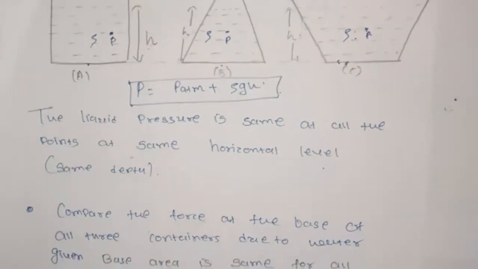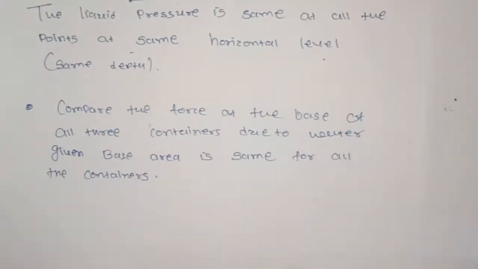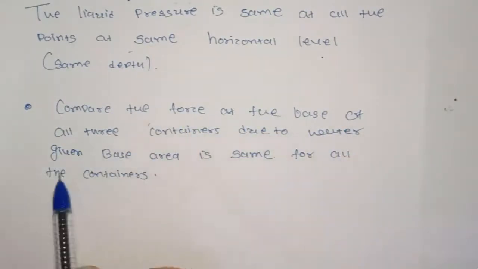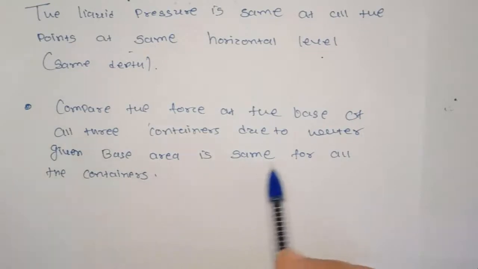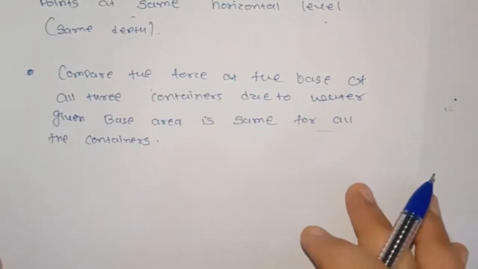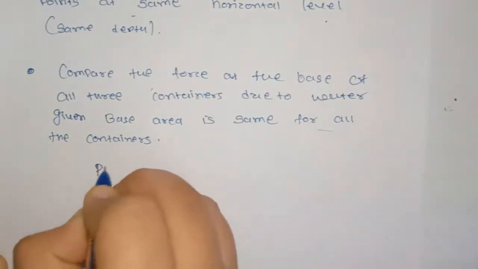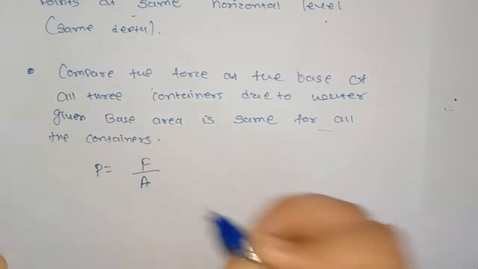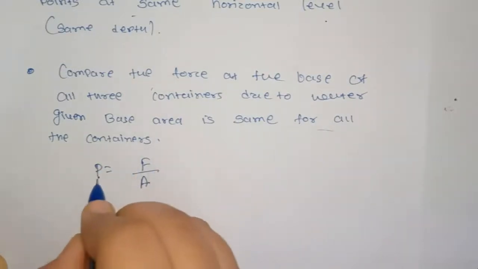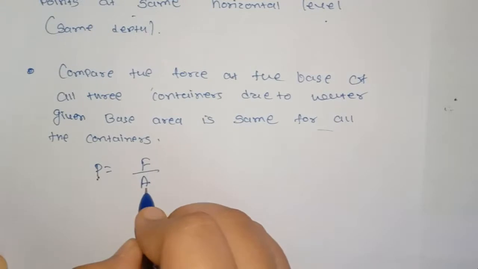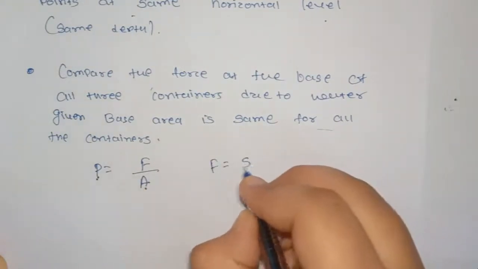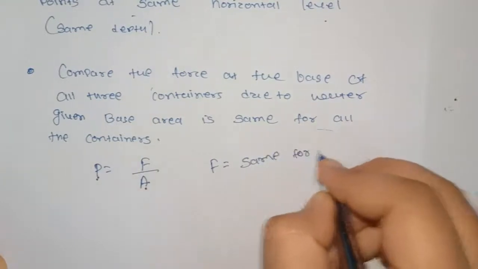Now, we want to compare the force at the base of all 3 containers due to water, given the base area is the same for all 3 containers. If we use the formula, pressure is equal to force upon area, the pressure at the base is the same, that is P, and the area of all the containers is the same. So we can say force is the same for all the containers.